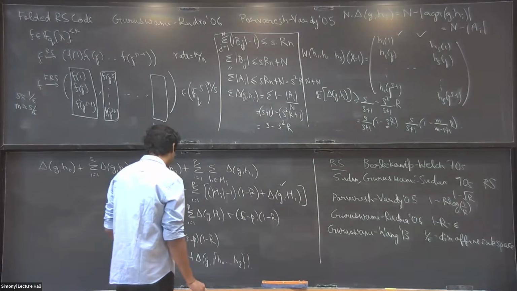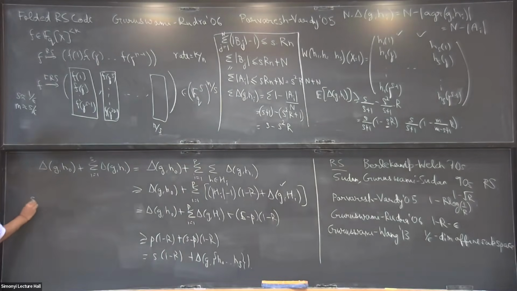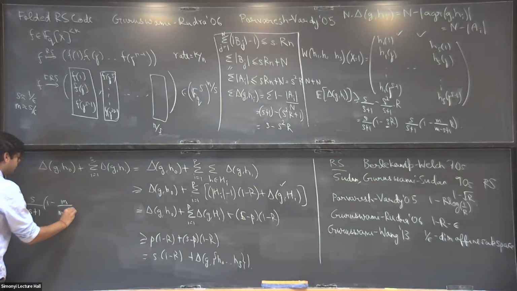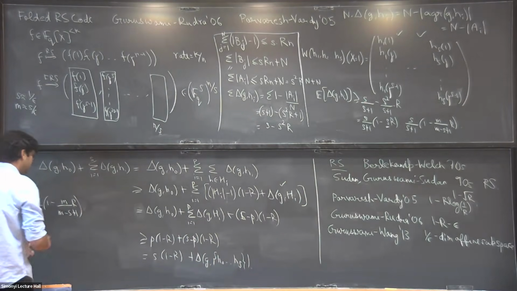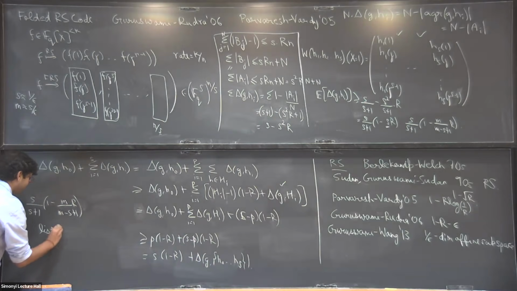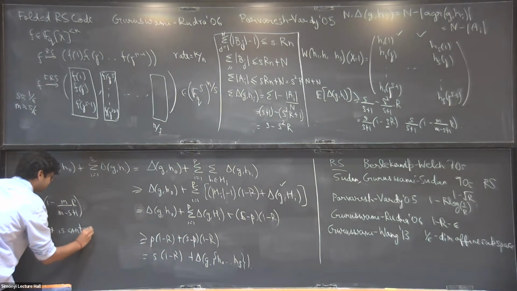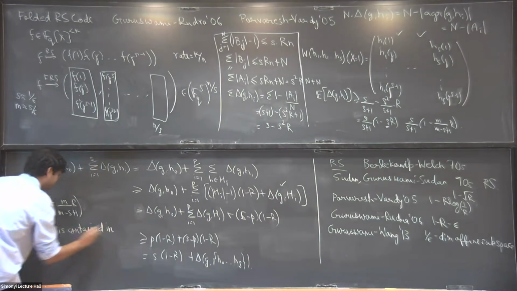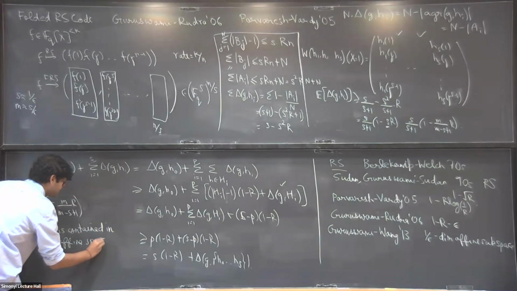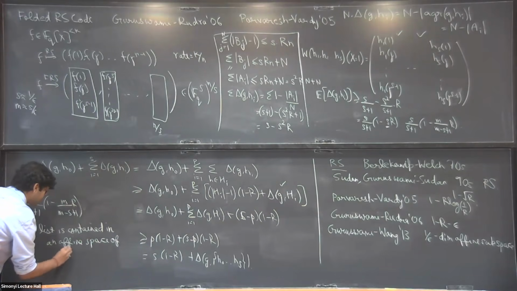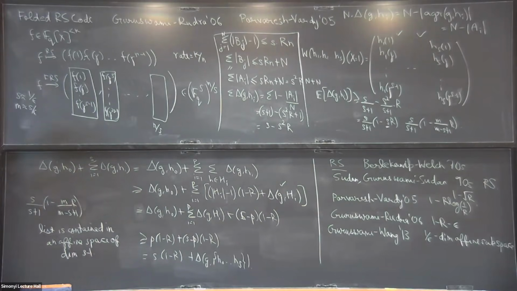So actually, let me be a bit more explicit. For s over s plus 1, 1 minus epsilon, with this radius, the list is contained in an affine space of dimension s minus 1.